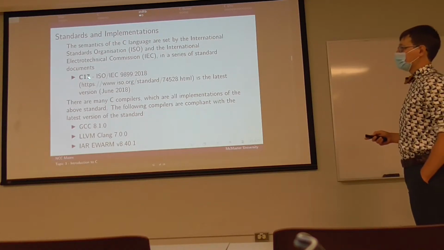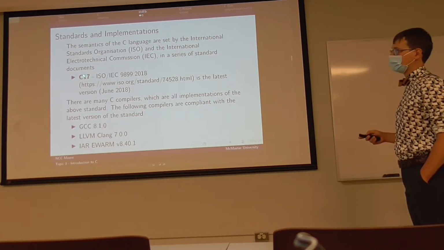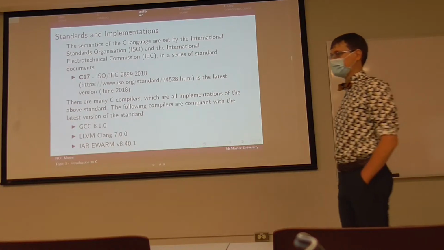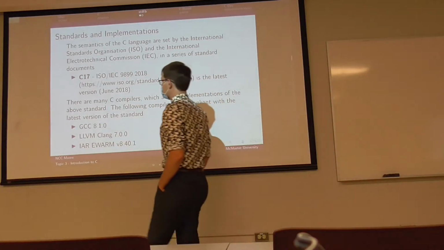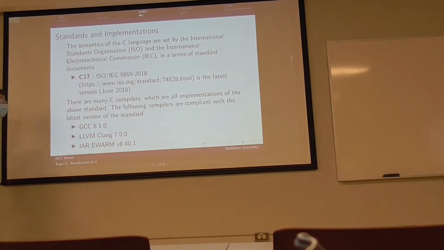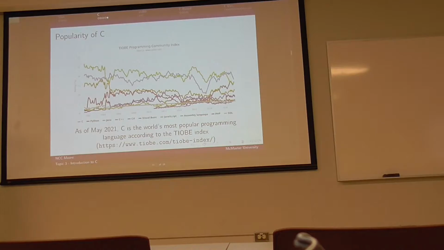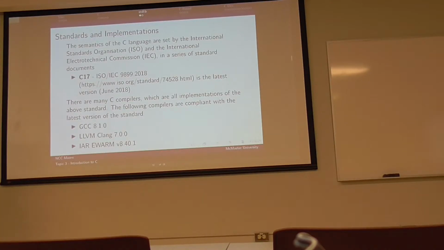Basically, it's C followed by the year abbreviated to 2 numerals when the language was released. If you want to read the C standard, www.iso.org/standard/47528.html. There we go. There are many C compilers which are all implementations of the above standard.